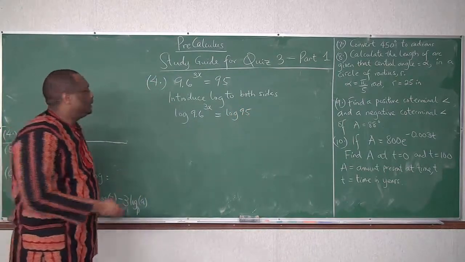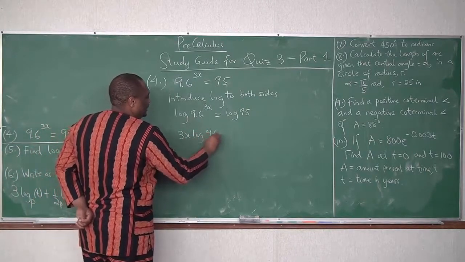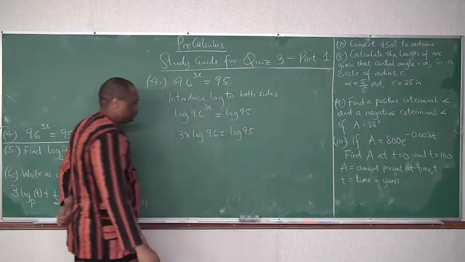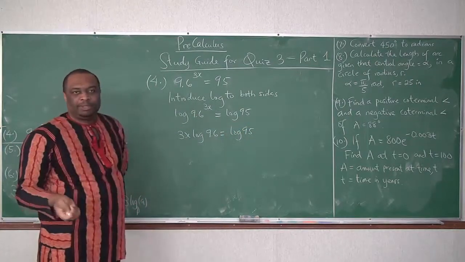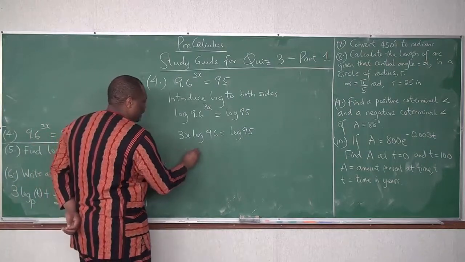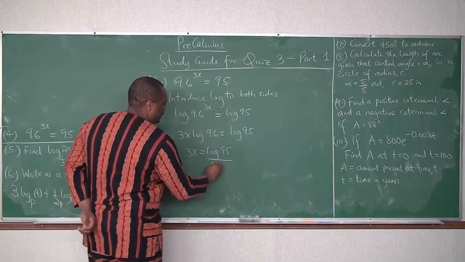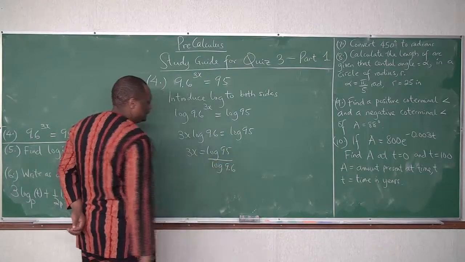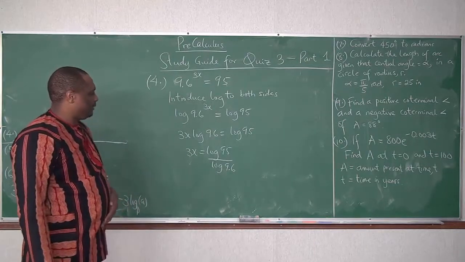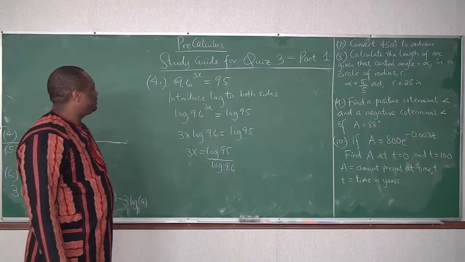This will now be what? 3x log 9.6 equal to log 95. Then you divide both sides by log 9.6. Okay? And you have 3x equal to log 95 divided by log 9.6. And then you can multiply both sides by 1 over 3.